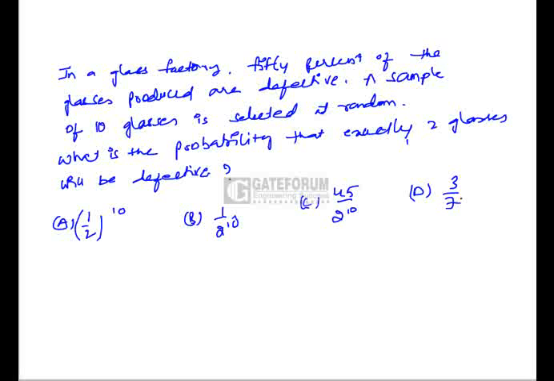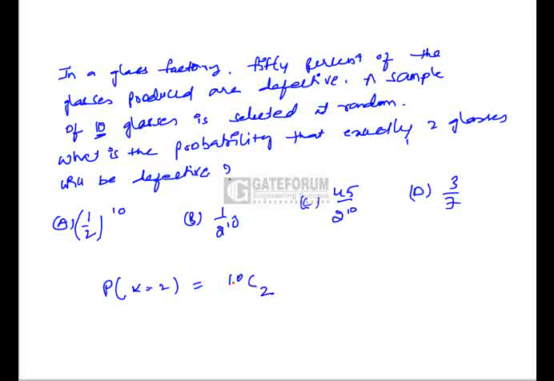It is given that 50% of the glasses produced in a glass factory are defective, and we have to find the probability that exactly 2 glasses will be defective when we select 10 glasses. So the probability of getting 2 defective glasses when we select 10 glasses would be P(x) equal to 10C2.